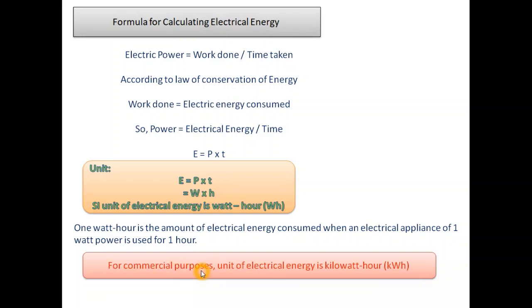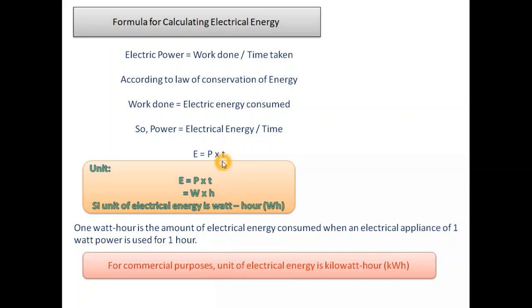Now for commercial purposes, we have another unit, that is kilowatt hour. The SI unit of electrical energy is actually the joule, right? And 1 joule is the amount of electrical energy consumed when an appliance of 1 watt power is used for 1 second.